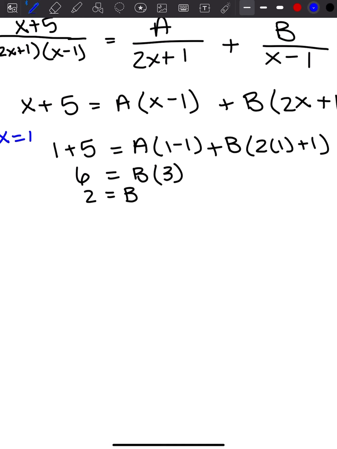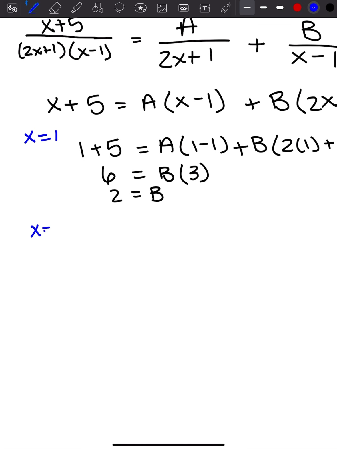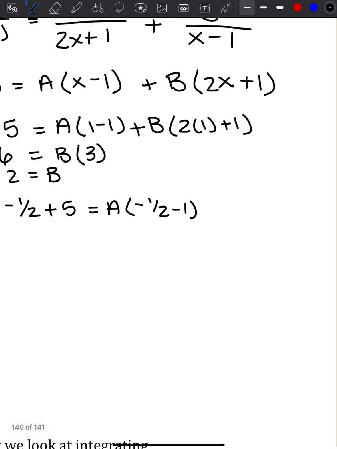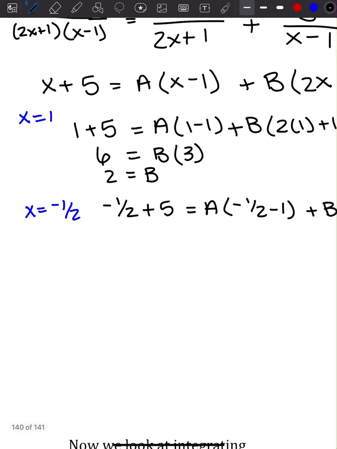Now we're going to plug in -1/2. So I have -1/2 plus 5 equals A times -1/2 minus 1 plus B times 2 times -1/2 plus 1. Okay, I have 5. If I were to change it into halves, that means I have 10 halves.